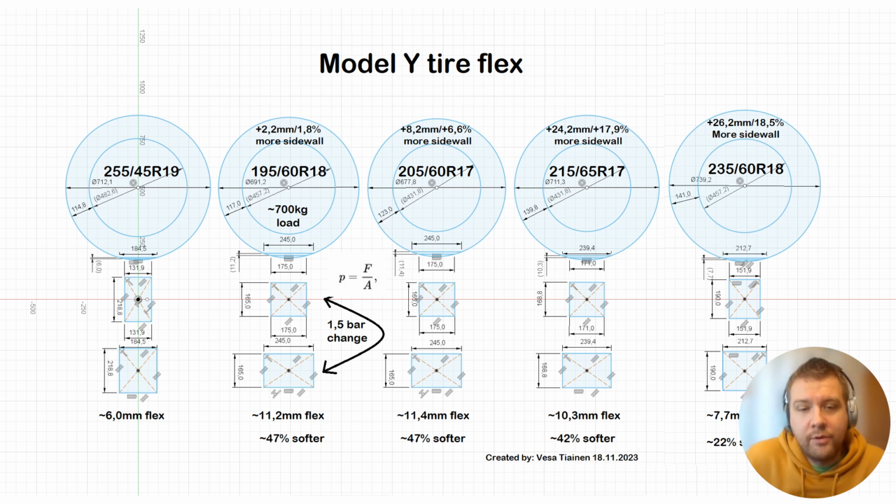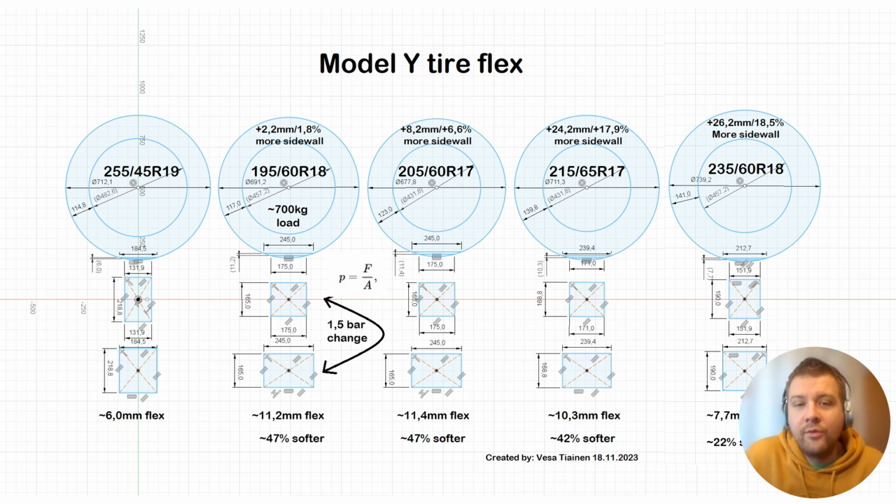It will flex 11.2 millimeters, which is actually a 47% softer ride. Of course, the car's own suspension already acts on this, but on sharp joints where you drive on the road, dang, dang, dang, this will create a huge improvement in that behavior.